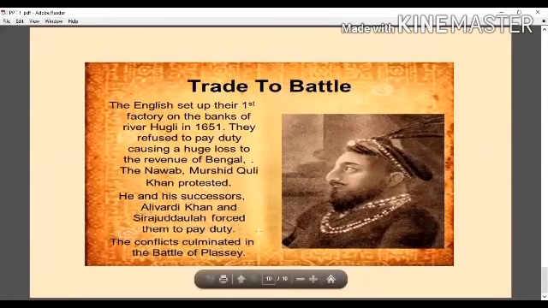They wanted full control over the forts they had. This conflict between the Nawabs and the East India Company culminated in a very famous battle, the Battle of Plassey.